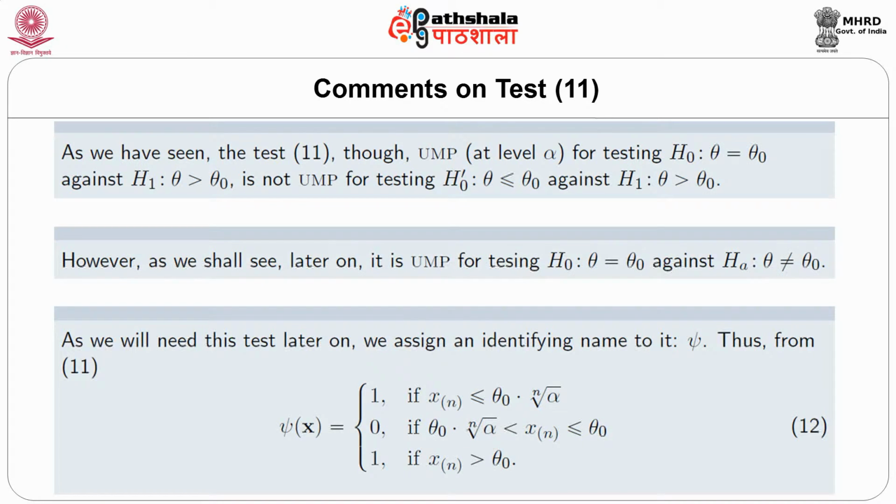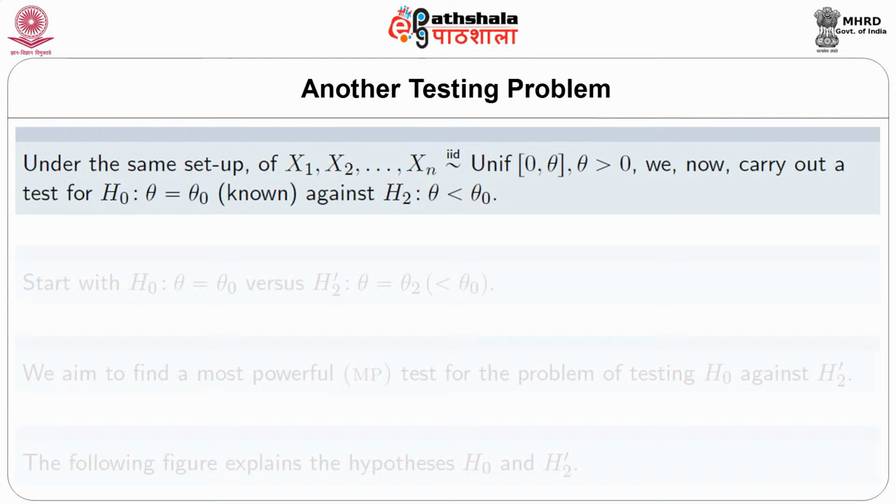However, as we shall see, this psi is uniformly most powerful for testing theta = theta naught against theta not equal to theta naught. We have already considered the problem against theta greater than theta naught, now theta = theta naught against theta less than theta naught, and if we can show that this psi, which we have already shown is uniformly most powerful against theta greater than theta naught, is uniformly most powerful against theta less than theta naught, then it is uniformly most powerful against theta not equal to theta naught.